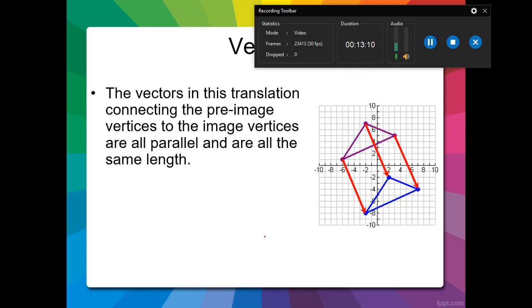So when you use vectors in a translation, basically those directional arrows are connecting our pre-image to our image. All the vertices are present on the image, and all of the vectors are parallel. But if you calculated their length, they would all be the same length, and we can clearly see they're traveling in the same direction.